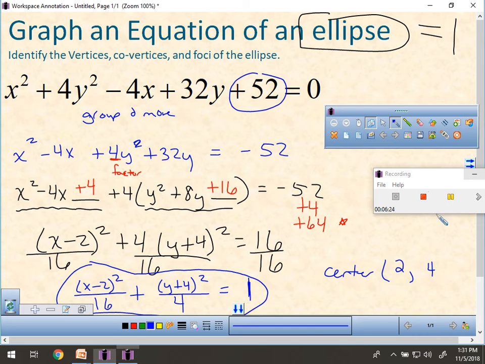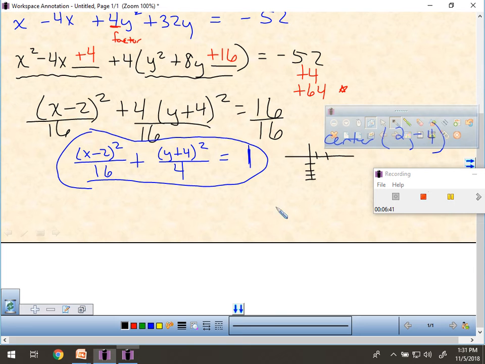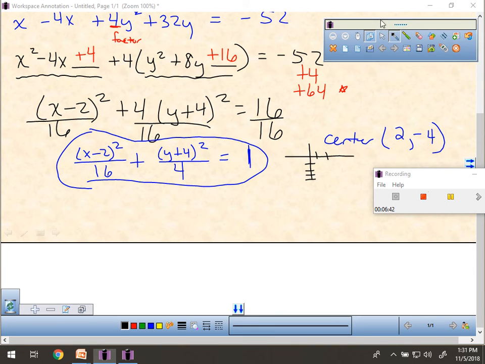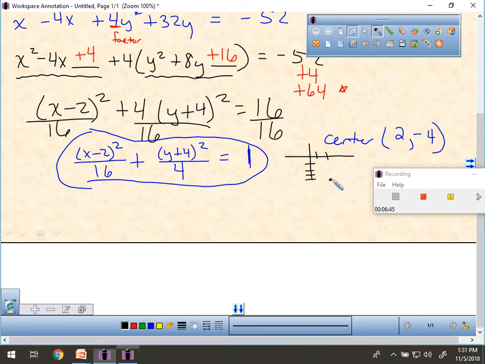So my center is at positive 2, negative 4. And so then we can graph that now. So I'm just going to graph that center on this graph. So 2, negative 4. So I'm going to go over to 2, down 4. 1, 2, 3, 4. I'm going to run out of room, guys, so I'm going to have to go down a little bit. So let me rewrite it. So there's 2, negative 4.